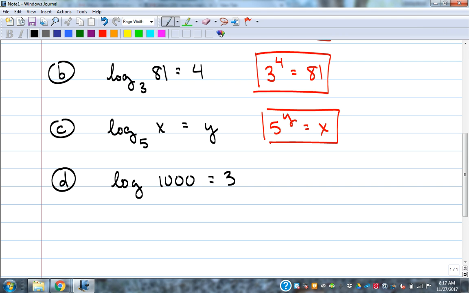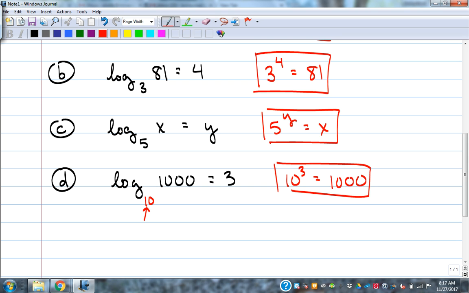What to the third power would give me 1,000? 10 is the only number to the third power that would give me 1,000. So if they don't put a base there, you have to understand that that's a log base 10.